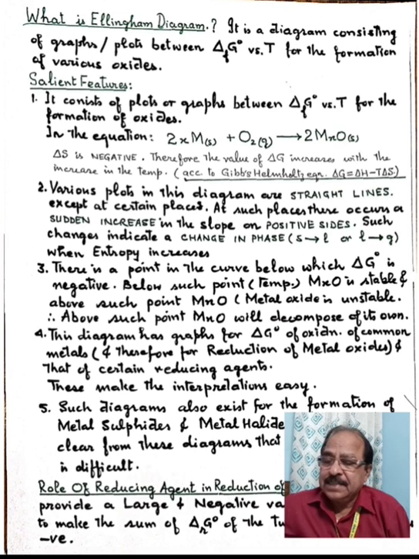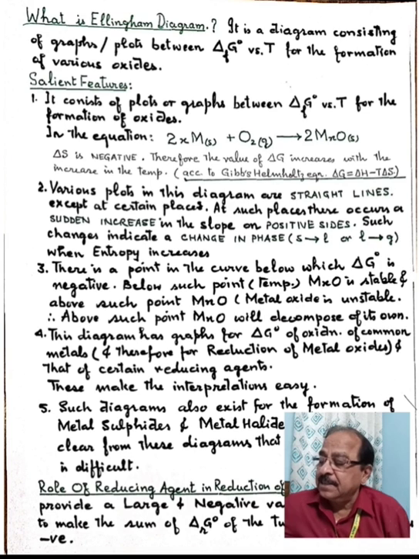Then delta S is negative. In this case, delta S is negative because entropy is decreasing. Therefore, the value of delta G increases with the increase in temperature, according to Gibbs-Helmholtz equation. That is, delta G is equal to delta H minus T delta S, right?